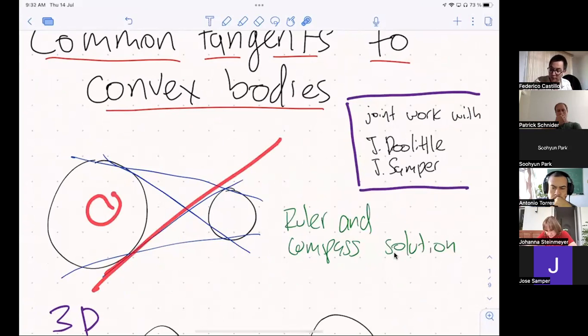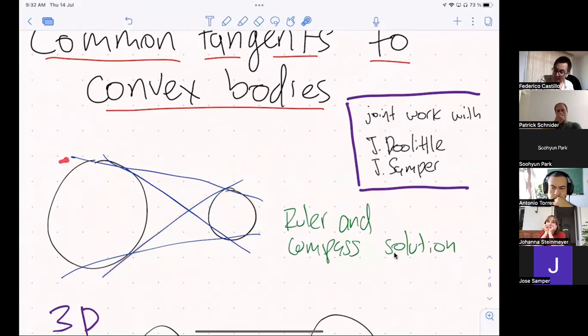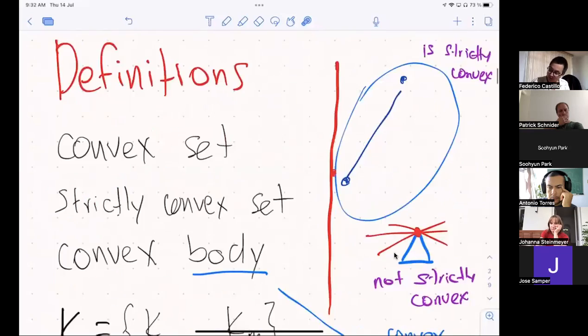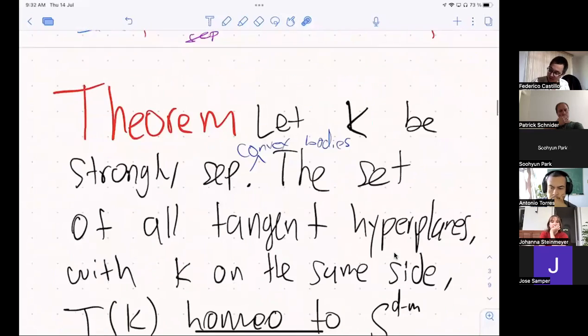This is not an example because this one has them on opposite sides. So in this case, there are only two. This has both of them on the same side, and this has both of them on the same side. So we're looking at the common tangents with all of the family on the same side. This is not really a big deal, as we will see, but for this statement, I want all of them to be on the same side.